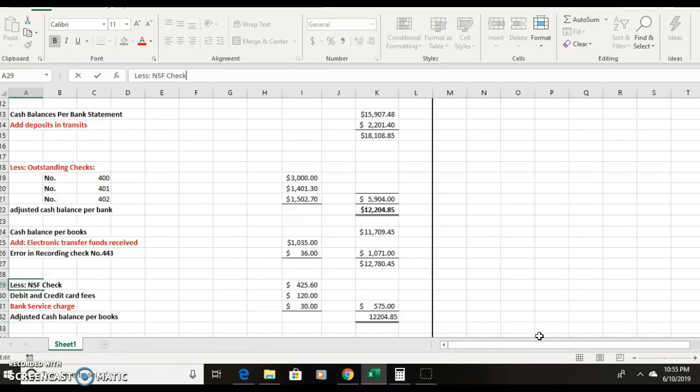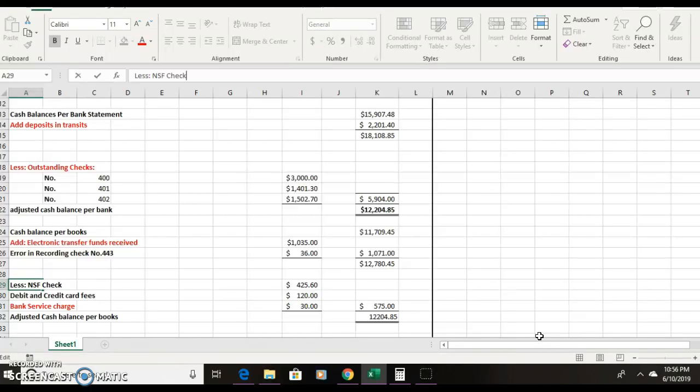They would put in the deposit in transit, and they would add those items. And then you would subtract the outstanding checks. And then you would add or subtract any bank errors that you had. Once this was done, they would go back and do the reconciling items for the books. And they would do the same thing.